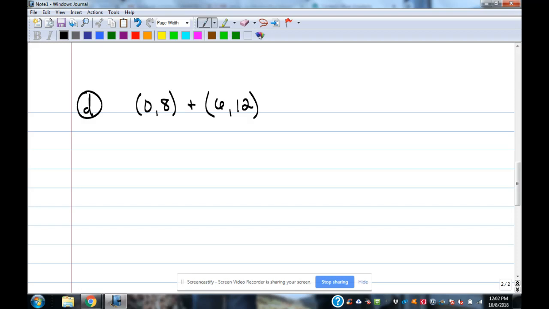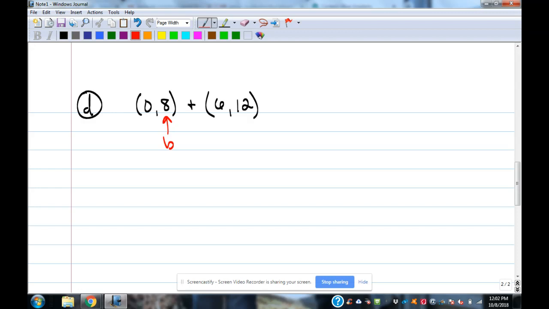Do they give us any of the stuff that we need to write a slope-intercept form equation? No? What do they give me? They gave me the y-intercept. 0, 8 is the y-intercept, right? 8's the b, so we know that's b. But that really doesn't do us much good if we don't have what? The m, the slope.